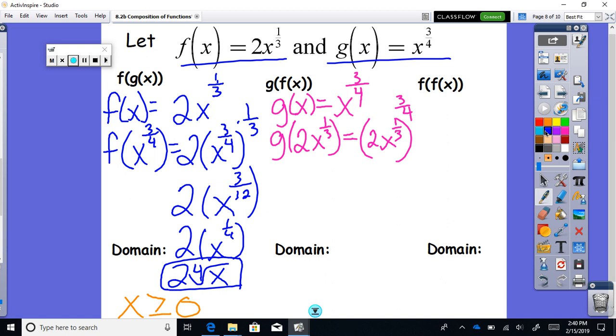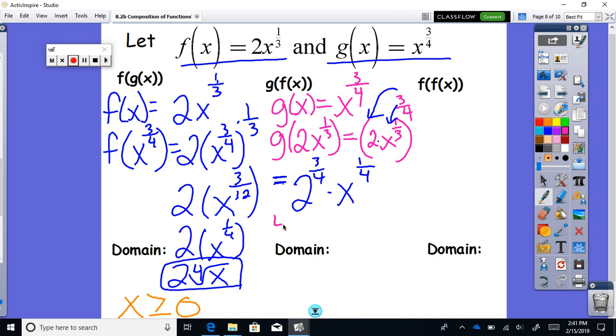And we do have to remember this is a product to a power. So this power has to go to both terms. So this is going to be 2 to the 3/4 power times x, and we get 3/12 again, 3/4 times 1/3. So that's going to be simplified down to 1/4 again. So we're going to rewrite this as a root.